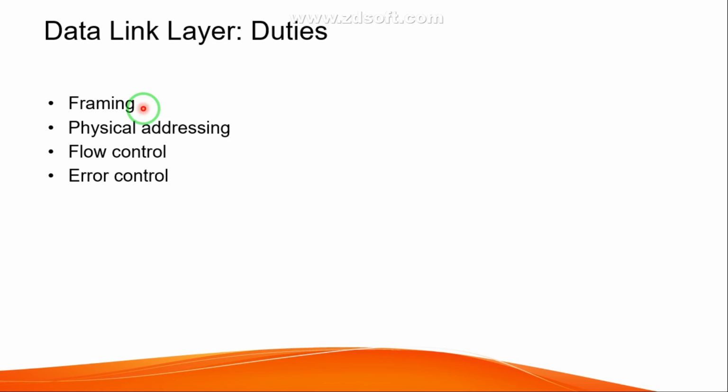For that purpose, we are going to use a trailer which is added to the end of the frame that I told earlier. Now, last it is your access control. Now, when two or more devices are connected to the same link, the data link layer protocols are necessary to determine which device has control over the link at any given time.